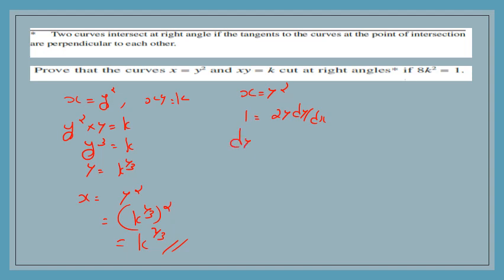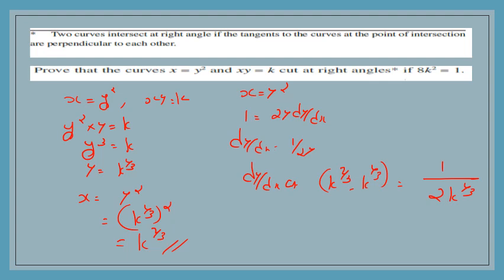What is dy by dx? 1 by 2y. Now, dy by dx at (k raised to 2 by 3, k raised to 1 by 3) is equal to 1 by 2 k raised to 1 by 3.